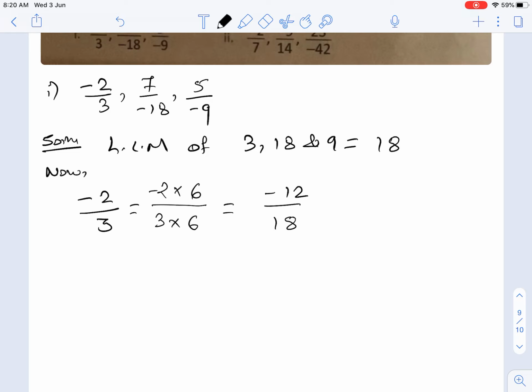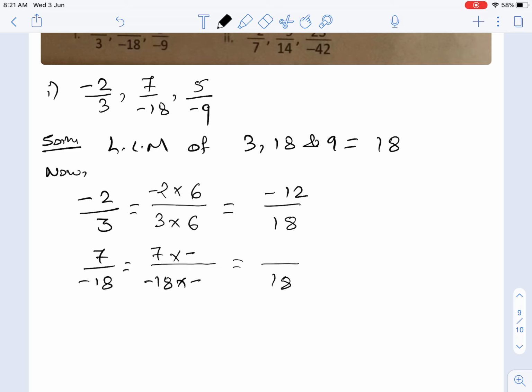The next we have, as it is, 7 upon minus 18. You can follow the same procedure and change its denominator also. Now we want the denominator as simply 18. Our number is minus 7 into minus 18 into. Now our denominator should be only 18, so minus into what will give you plus? Minus into minus will give you plus.